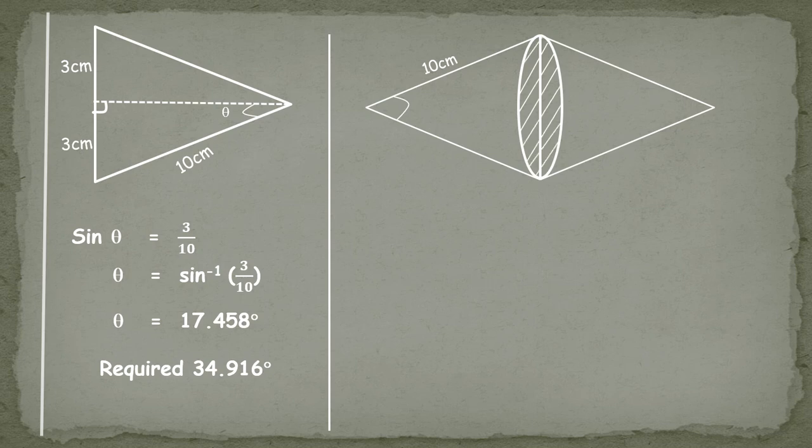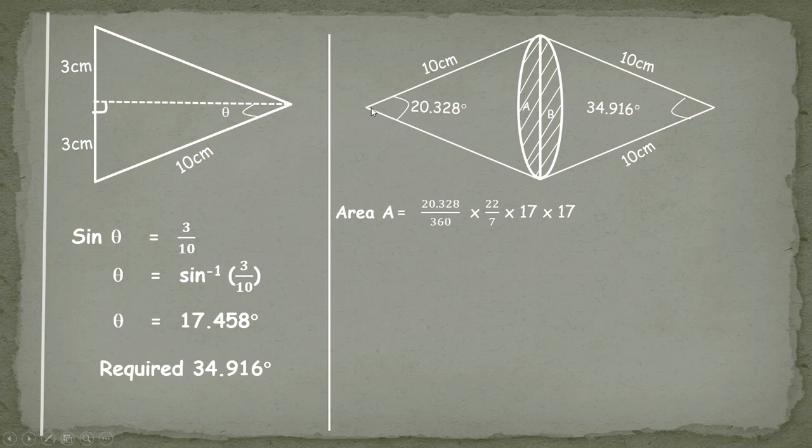Now the second part of the question, we want the area common to both circles. So we actually need this area, and I've decided to split the area into two parts: area A and area B. How am I going to get area A?